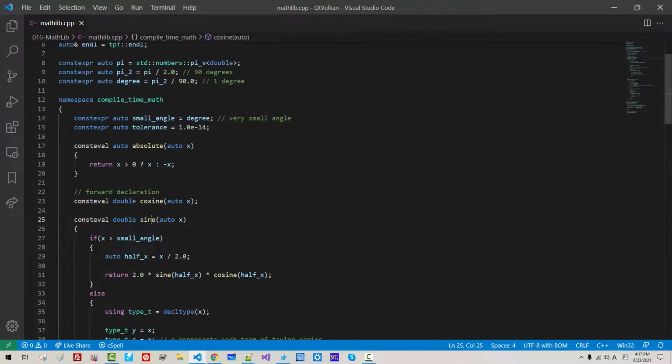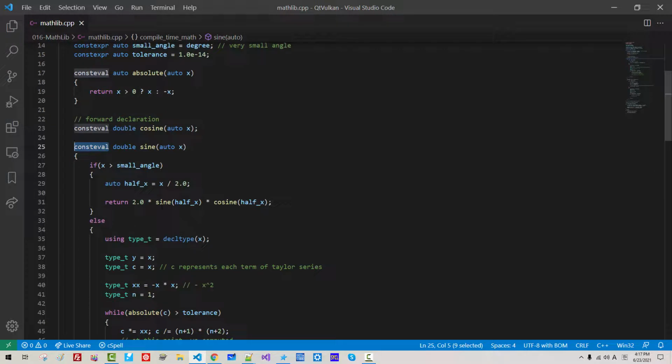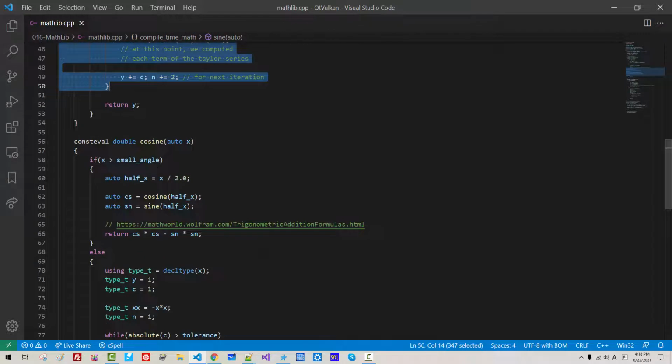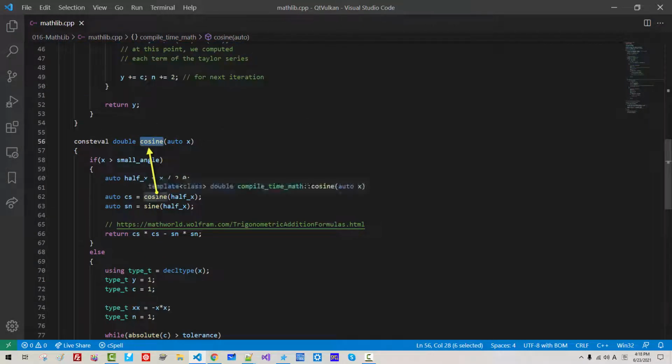We created cosine and sine for the compile time math library. Please note that we used recursion here. We used Taylor series. Here also, for cosine, we used recursion.